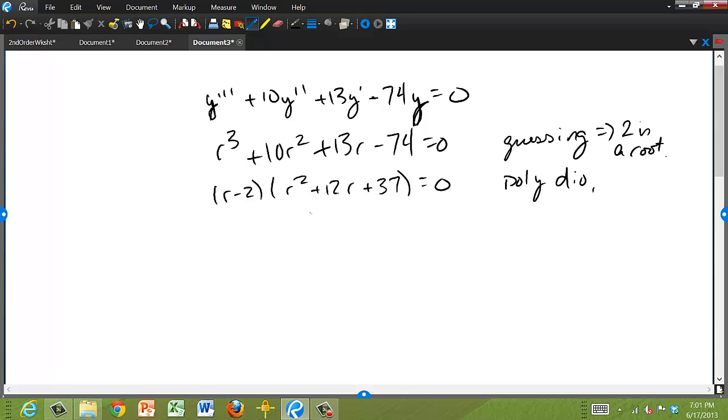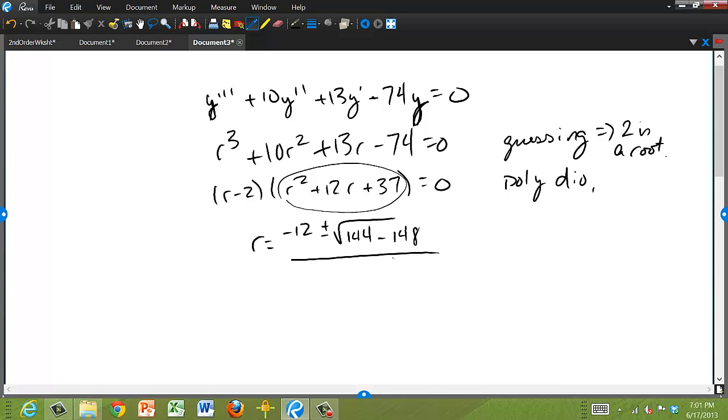So now we want to find the roots of this guy right here. We can do that with the quadratic equation. We'll have r equals negative 12 plus or minus the square root of 144 minus 4 times 37, which is 148, over 2. So that's going to be negative 6 plus or minus 2i.